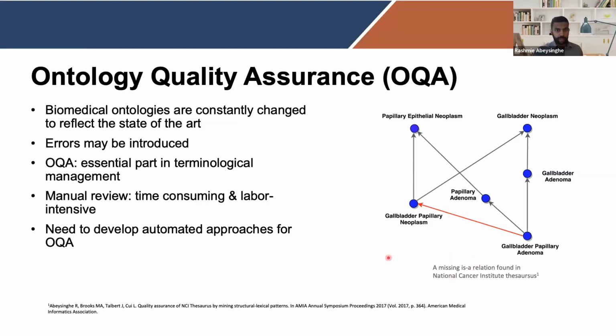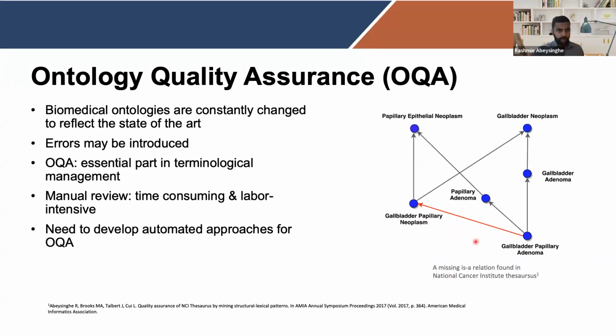In an application that used this ontology, for instance, a clinical cohort identification application, if you're getting a clinical cohort with patients having gallbladder papillary neoplasm, then due to this missing IS-A relation, the patients with gallbladder papillary adenoma will be missed from that cohort.